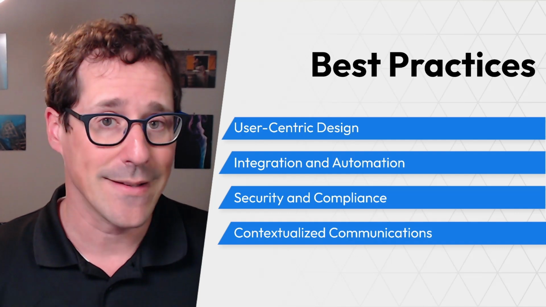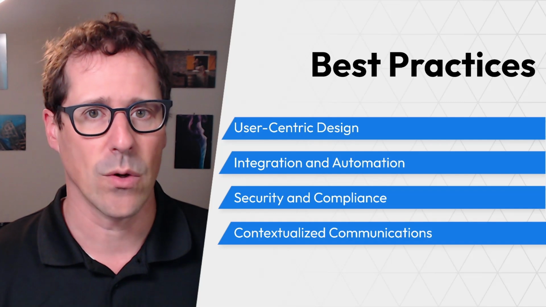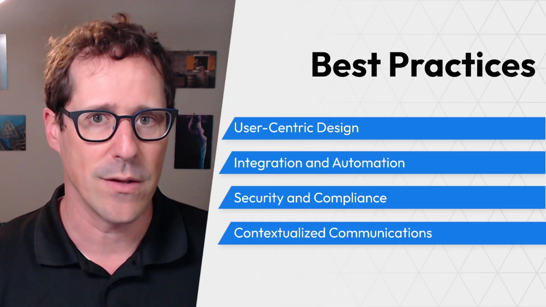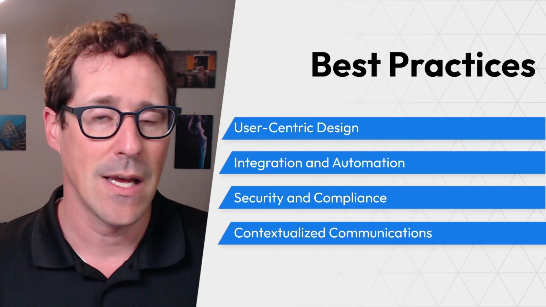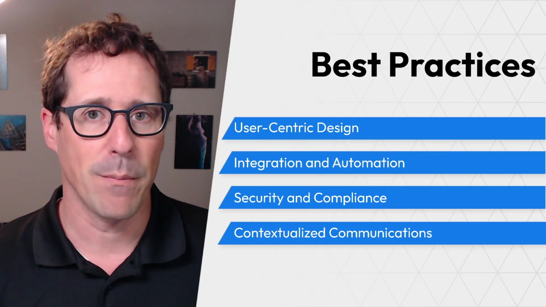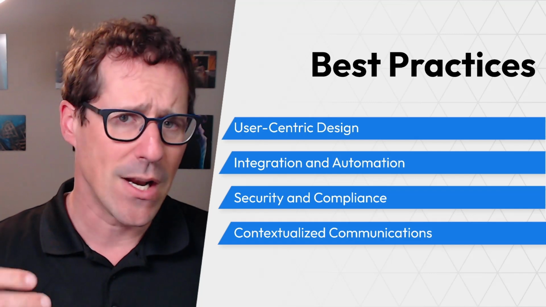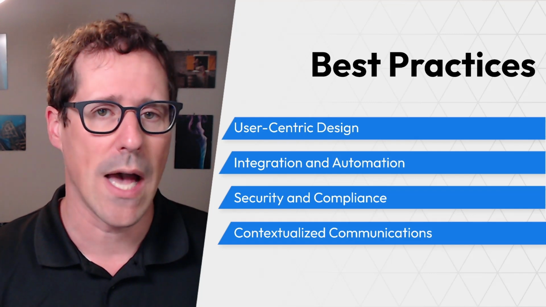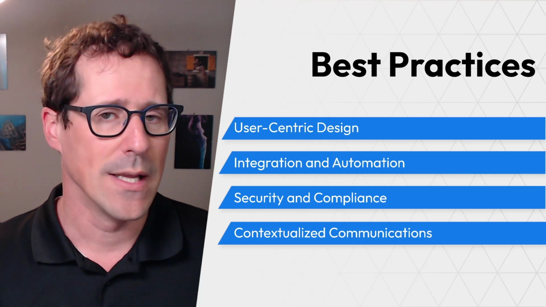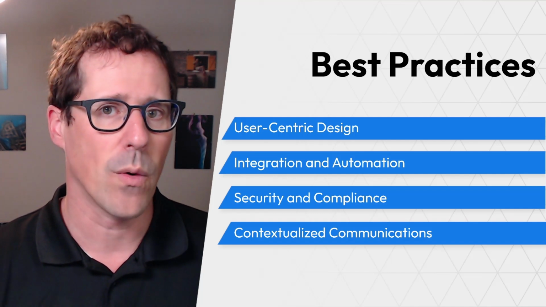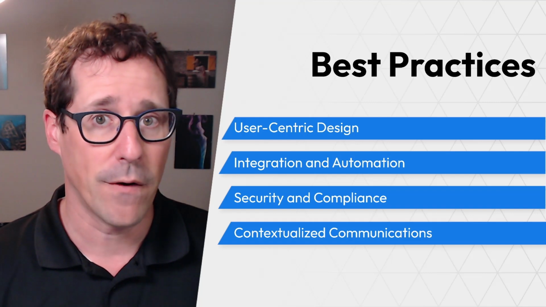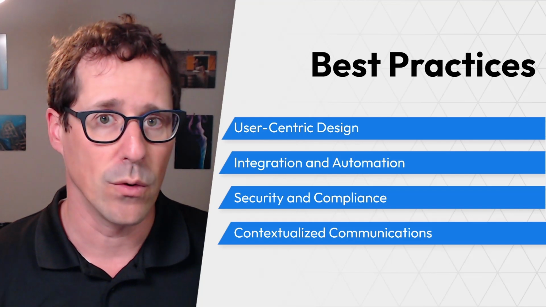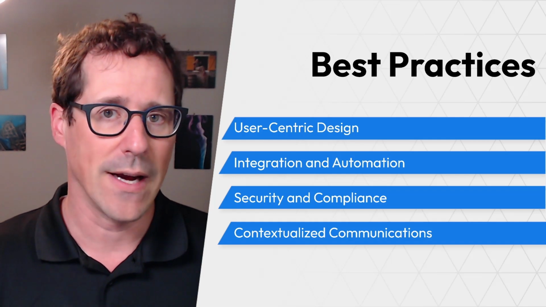Security and compliance obviously is key, so that only resources and champions within your project have access to what they need to see, keeping the information private. And then ultimately, making sure that you're contextualizing those communications so they go to the right project and the right task, so that if you need to look for it, either now or in the future, when you want to look back and do lessons learned, you'll know where to find the information.